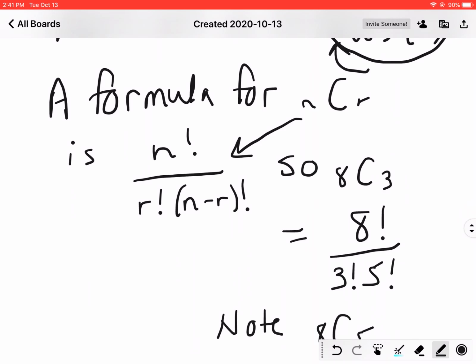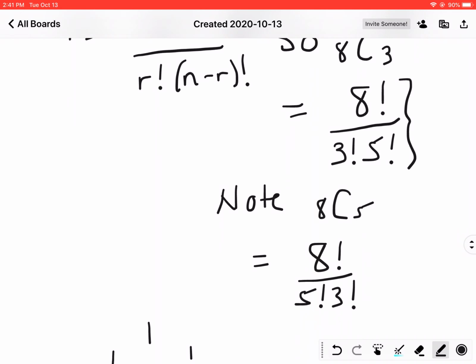So 8 choose 3, this right here, becomes 8 factorial over 3 factorial, 5 factorial. So if you didn't have that button on your calculator, you could still do it if you understood what factorials are. Notice if I did 8 choose 5, make sure that the numbers are subscript.